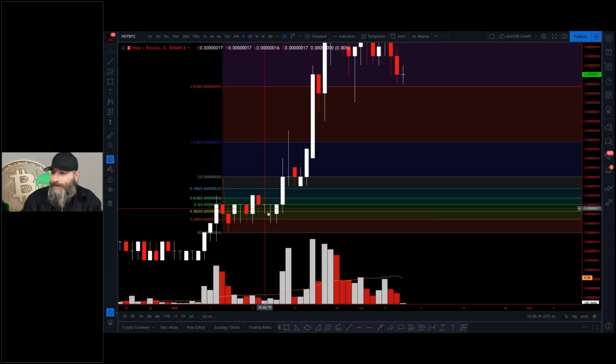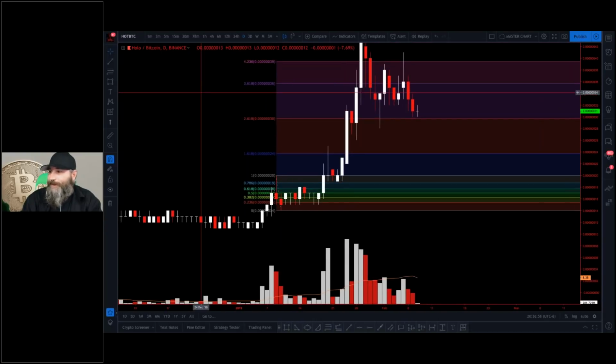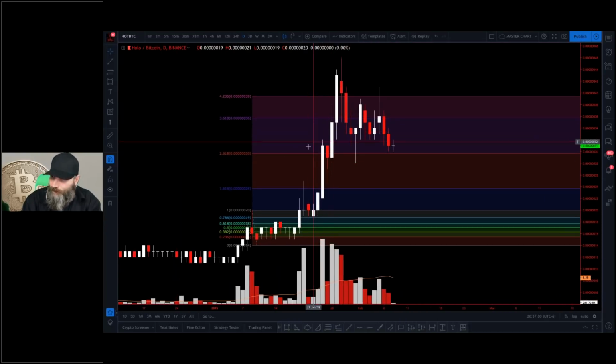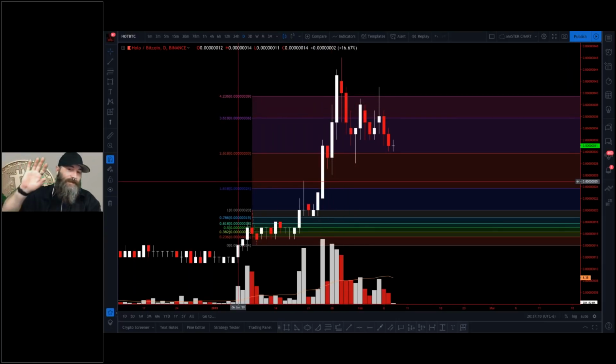You can see in this particular example, it hit. Your second target, 2.618, was hit. Next target, 3.618, was hit. 4.23 was hit. This is a trader's dream.